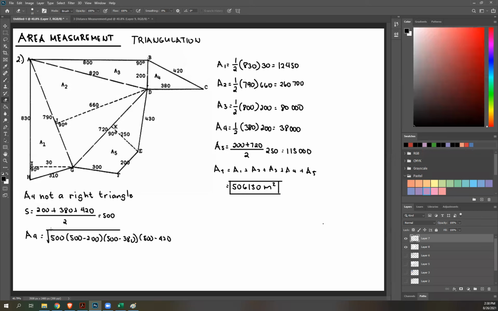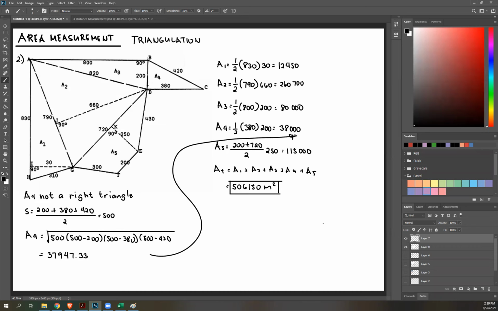If we compute for that, okay, let me compute. We'll get 37,947.33 and compare that here. Okay, it's almost the same. So if I round this up, that's also 38. So there's a discrepancy.